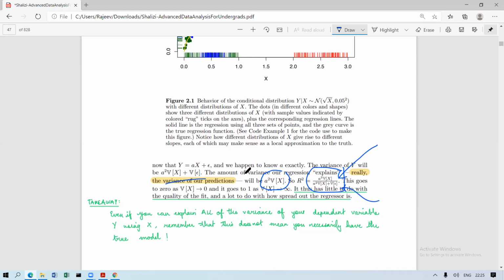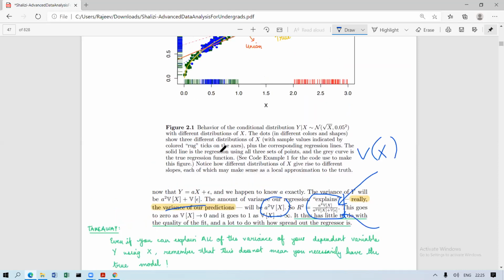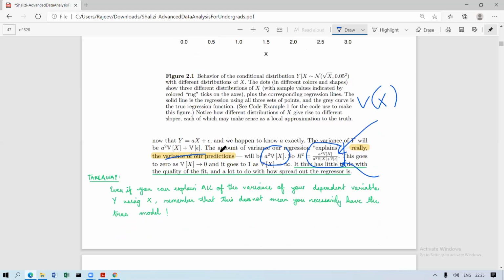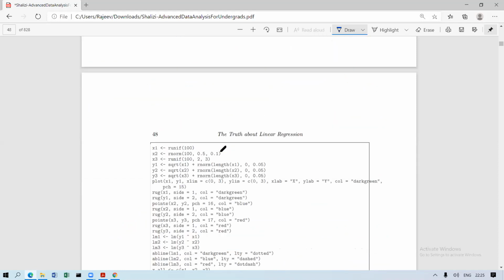So this ratio is dependent upon variance of x. Ideally it should only depend upon a based on your predictions, but even the values of X that exist in your data affect R square. So it depends upon your data, and it's not a good metric to judge by.